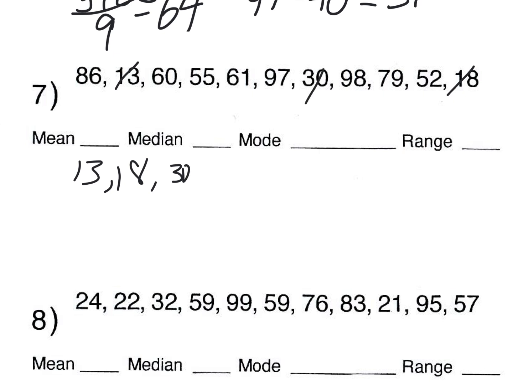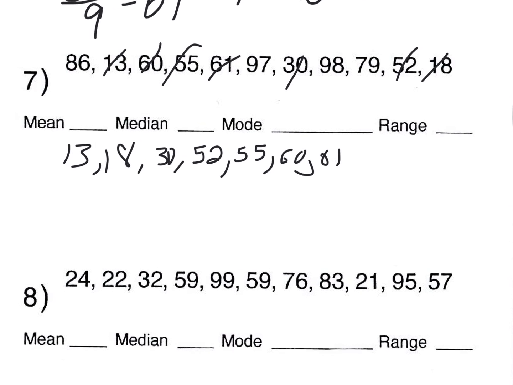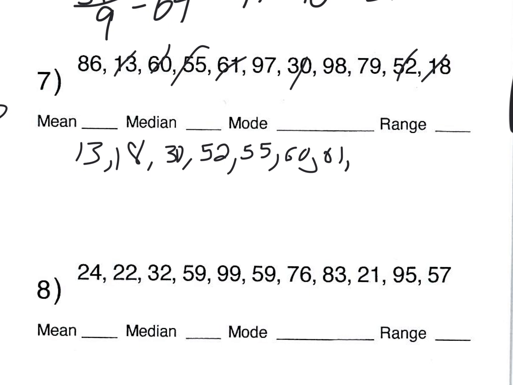Then we have 52 and 55. Cross those out. I have 60, 61. And you can check each other's papers to make sure when you do the ones on your own that you have them all accounted for.